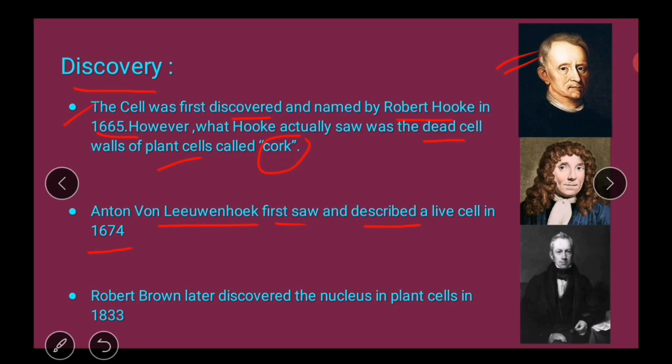Obviously the larger structures. The nucleus is one of the largest structures inside the cell which is visible under the microscope. So who discovered it? Robert Brown. Robert Brown later discovered the nucleus in plant cells in 1833.